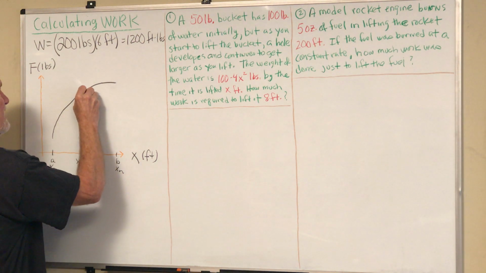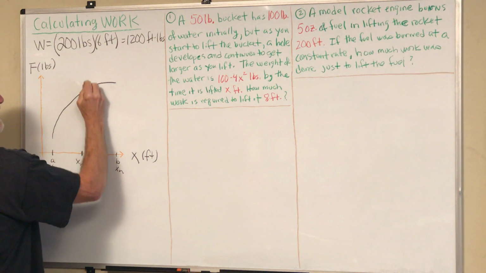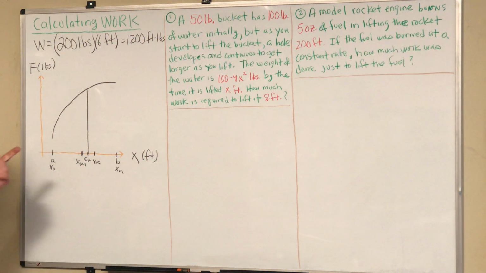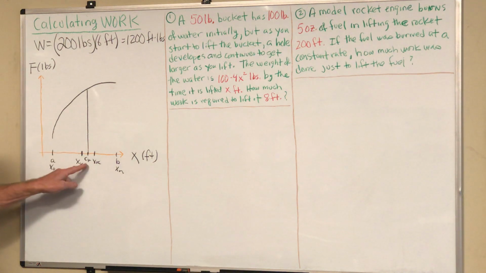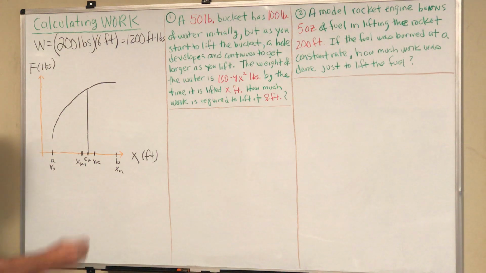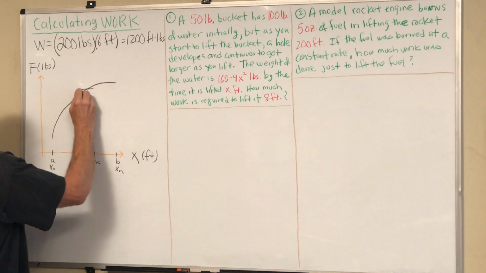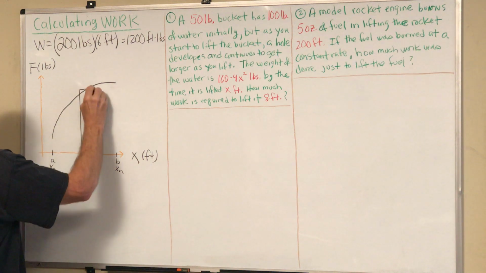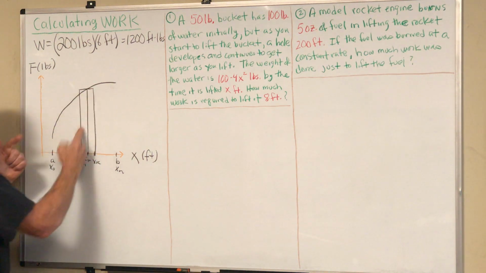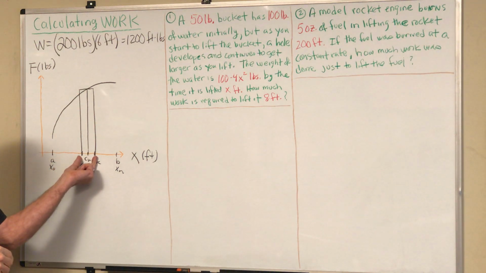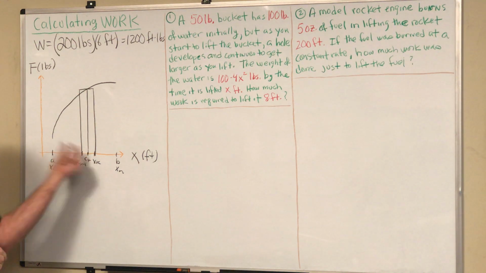And if I go up to right there, that vertical line is representing the force at that position. So if I multiply that times the change in position, the area of this rectangle is going to give you the amount of work I did in this little bit of time period.